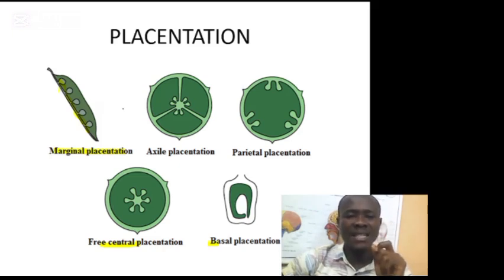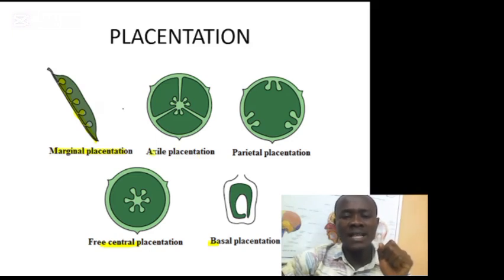In this case, the ovules, these seeds, are arranged along the margin of the ovary. As we can see it here, they are being arranged along the margin of this ovary. Example we have here is in pea, we have it also in beans, etc.